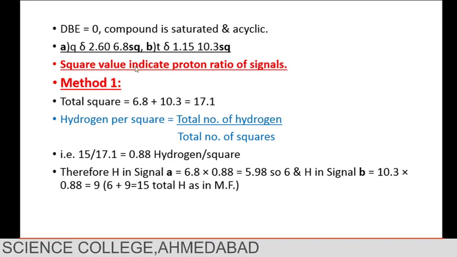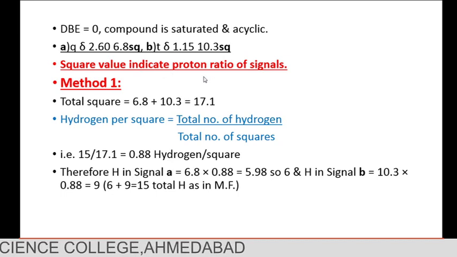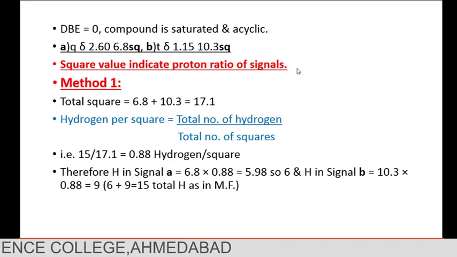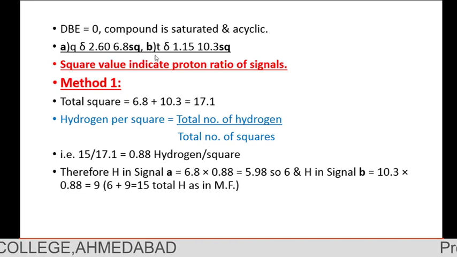Friends, the square value actually indicates the proton ratio of signals. So in normal circumstances, you may be given the hydrogens directly, but hydrogens are not given, but square values are given. So their proportion is given.